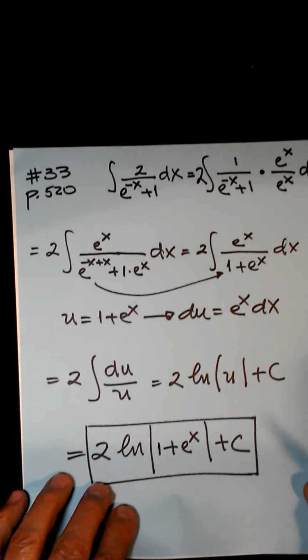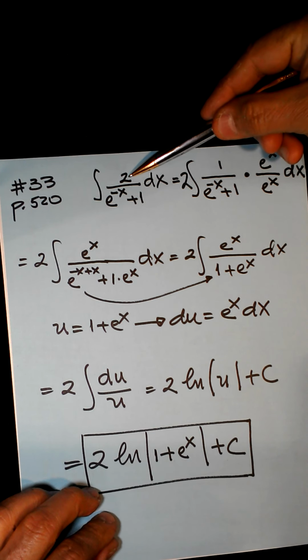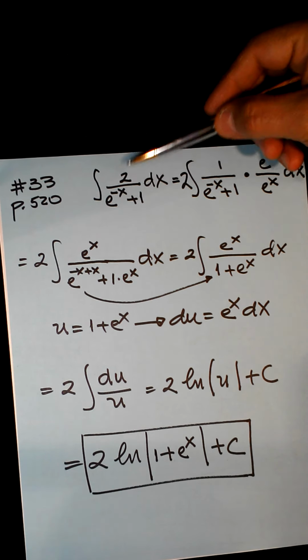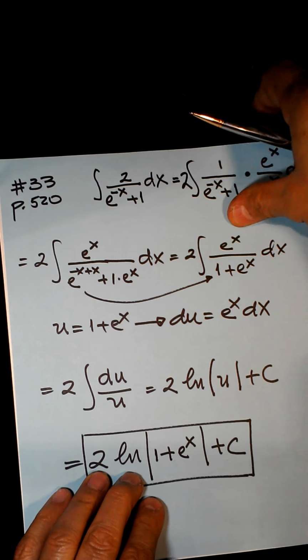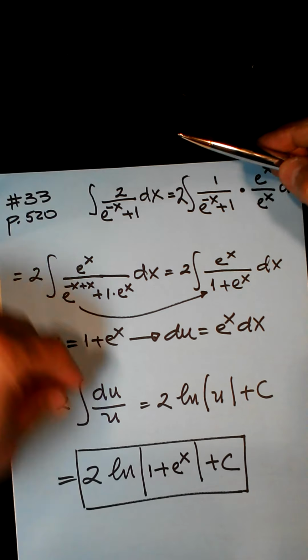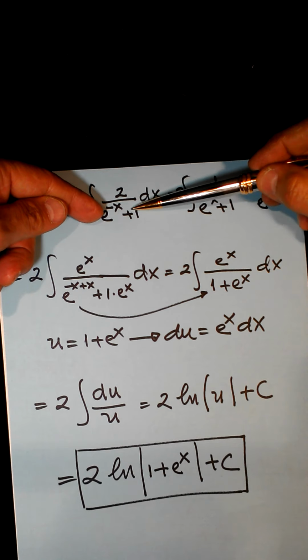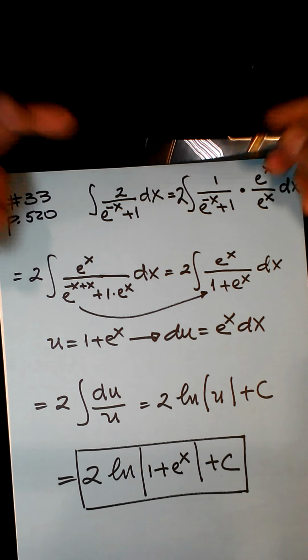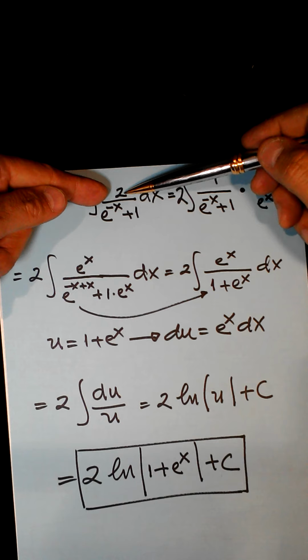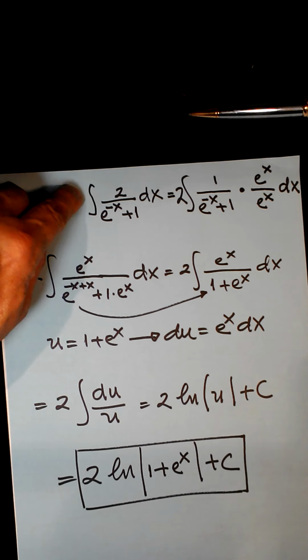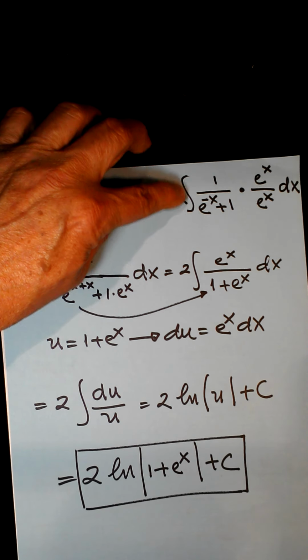Number 33, page 520. We have 2 over e to the minus x plus 1. Now, here's a very interesting thing. You look at this and you need to find how you're going to get out of this situation, because you need the u du, but you don't have the du. Well, first get this 2 outside. Now what do you do?